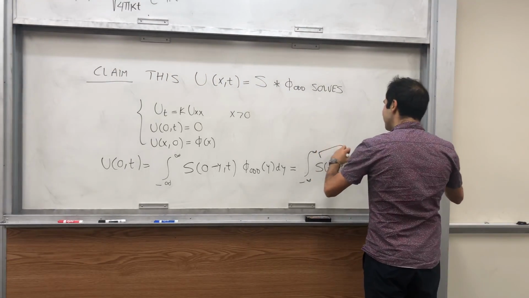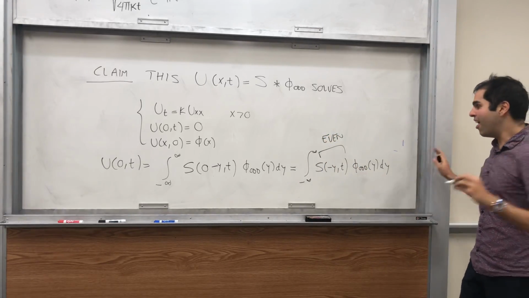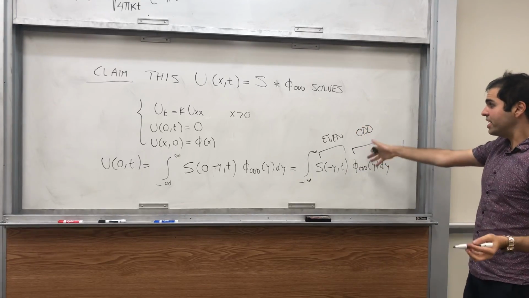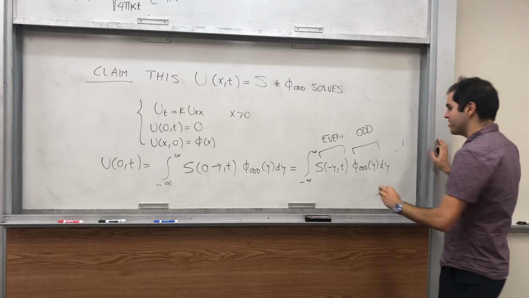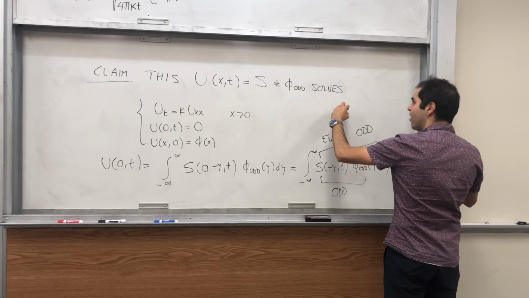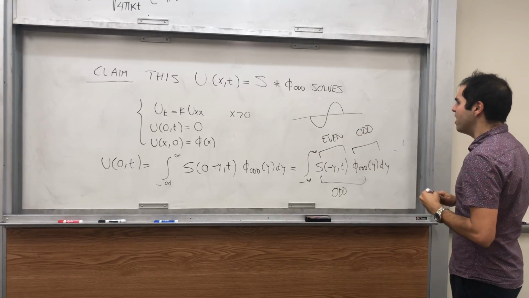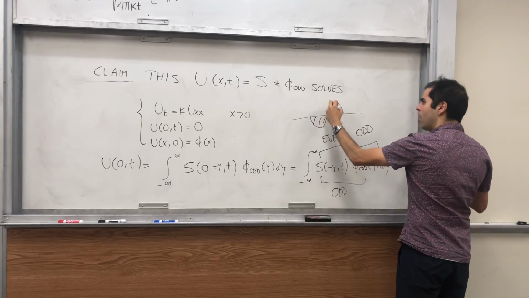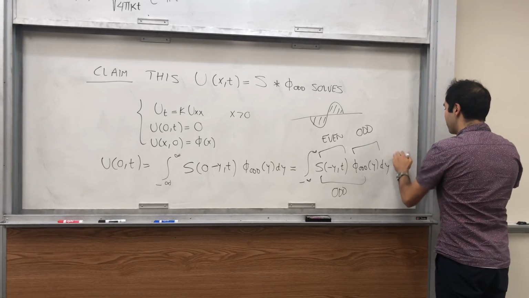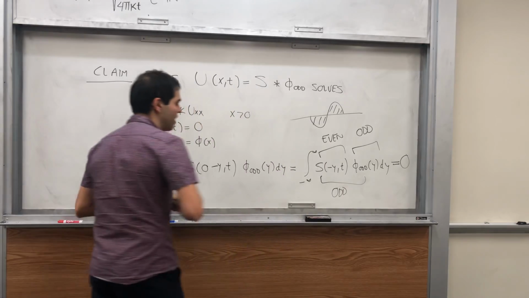So the point is, this is an even function. And by construction, phi odd is an odd function. So you're integrating even times odd, which is odd. So you're integrating an odd function from minus infinity to infinity, and therefore the integral of an odd function over a symmetric interval becomes 0. And again, we're assuming everything is integrable.